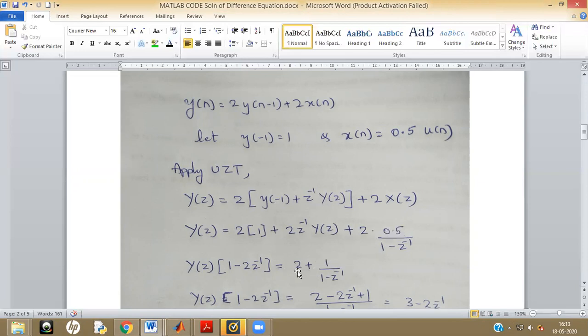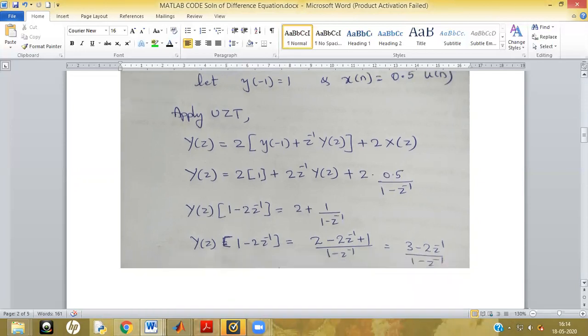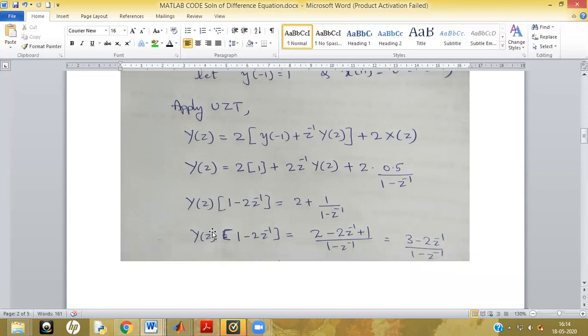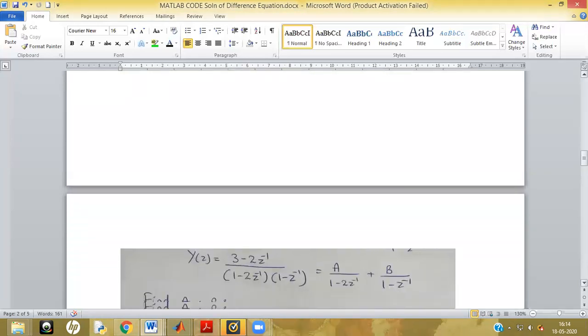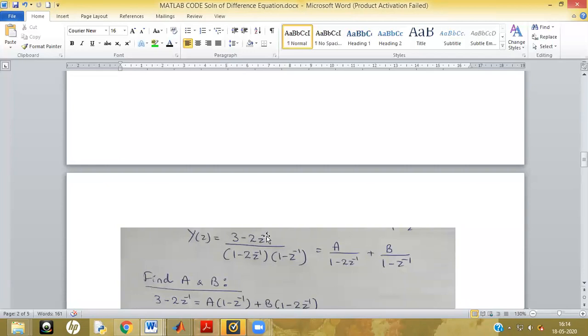So this term on the right hand side, this term on the left hand side. I have tried to further simplify it, and you will get Y of z into 1 minus 2 z inverse equal to this whole thing, and you can bring that 1 minus 2 z inverse to the other side. So this will be the expression.